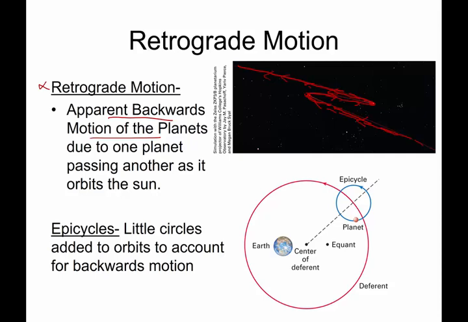What Ptolemy decided would work is that as a planet orbits, once in a while, just because, it would stop and do a little wacky side circle on the side of the orbit. The side circles on the edge of the orbits are called epicycles. They're little circles added to orbits to explain this backwards motion.